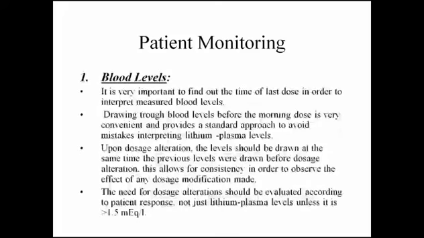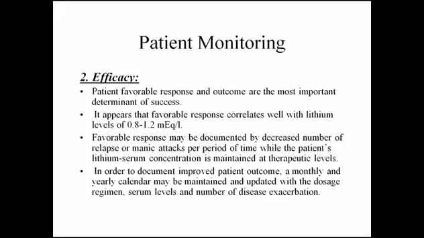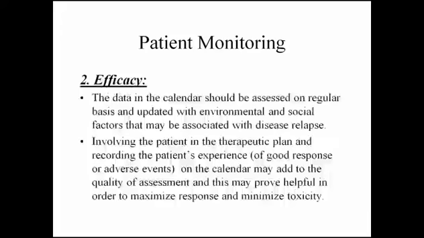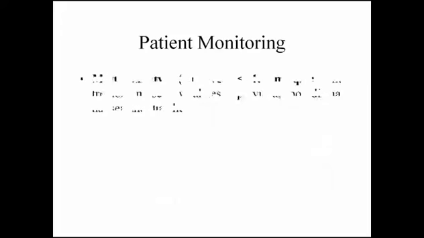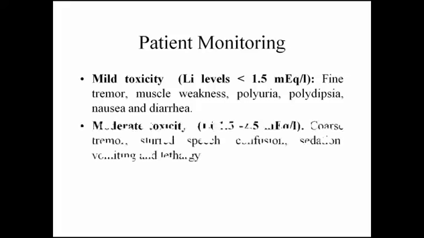Okay, patient monitoring: you monitor the levels, and you can read these slides on your own time, and you monitor for efficacy and adverse effects. Those related to toxicity are well established. In cases of mild toxicity, where the level may be like 1.2 to 1.5, you will see simple things like tremor and weakness.